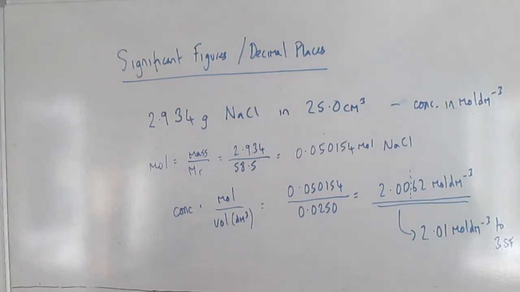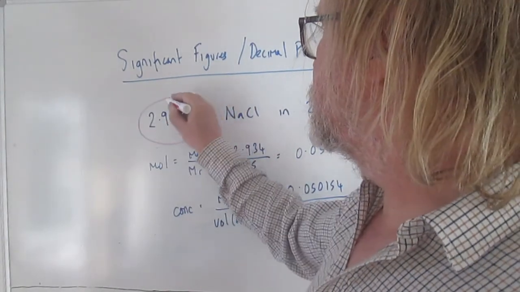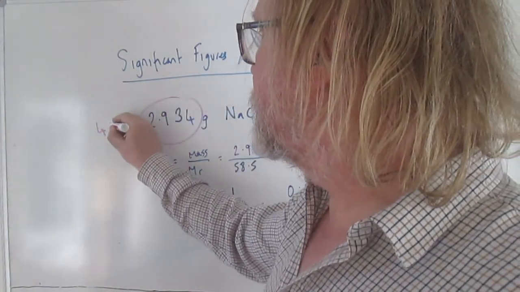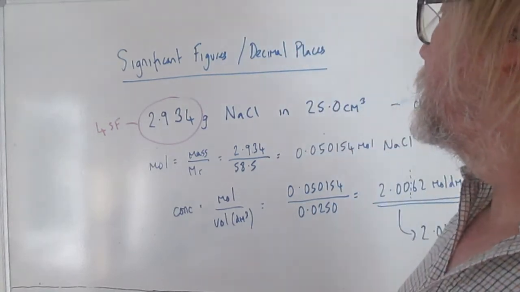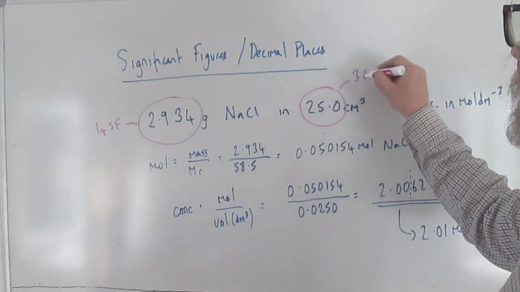Okay, the more difficult question is, what if it says round to an appropriate number of significant figures based on the data you're using? So what you have to do then is go through and look at all the numbers that you fed in, and you say, right, that one is 4 significant figures, but that is only 3.